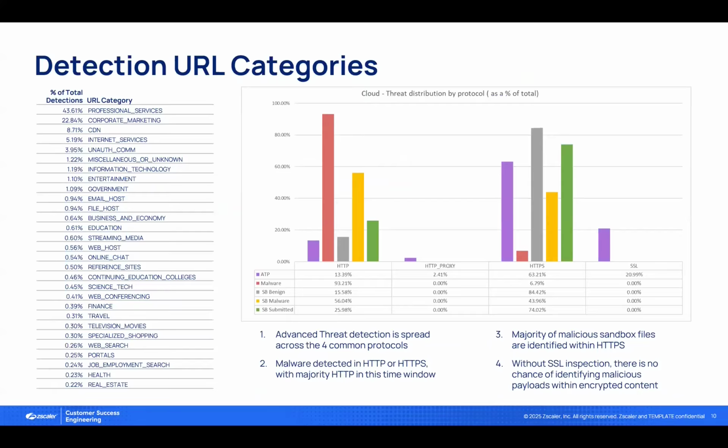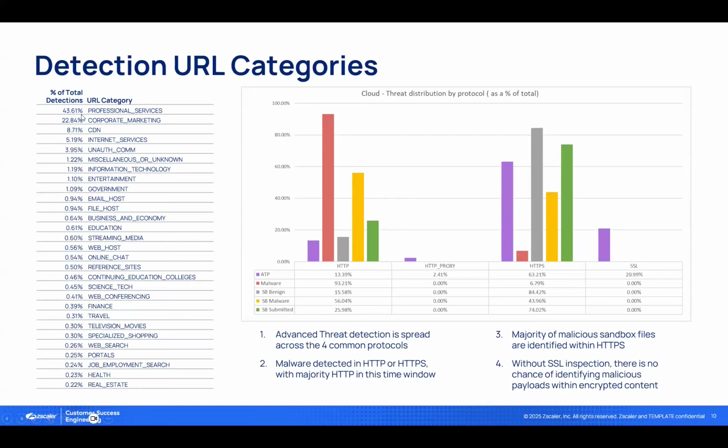One thing that's important to note is that threats are not only in categories that are known to be dangerous, such as the miscellaneous or unknown category. Here we have a table that contains the percent of detections for threats in non-threat categories. This means we've excluded from this total any of the known threat categories, the malware category, the phishing category, etc., as obviously 100% of the traffic in those categories is malicious.